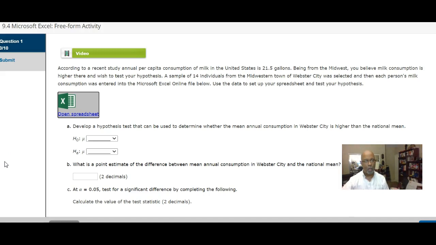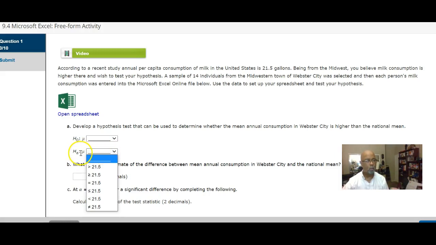So in developing our hypothesis test, it's always a good idea to think about what it is you want to claim or what it is you would like to show. I can't say prove, but what claim would you like to make? Because we believe that the milk consumption is higher than the standard we were given, then we want to put our claim in the alternative hypothesis.